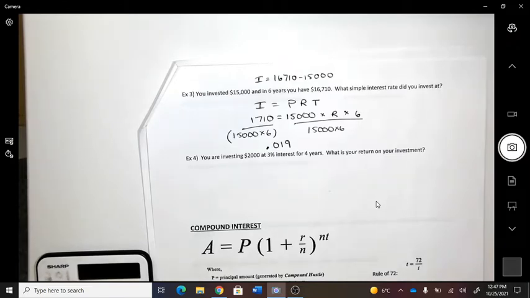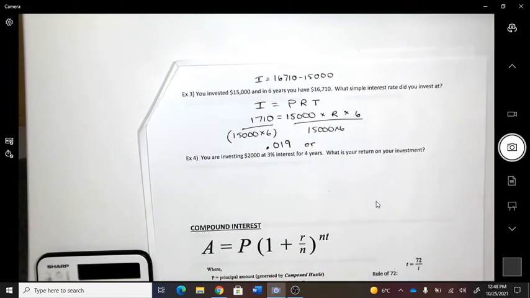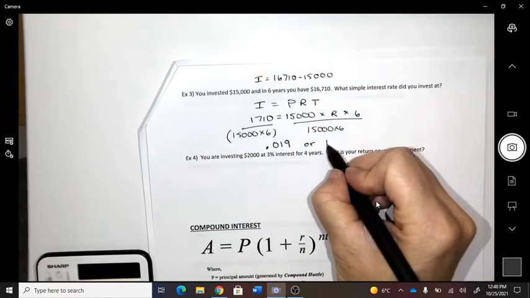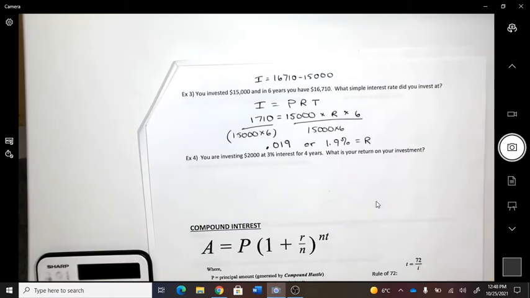Can you make sure you type that in properly? Or, how else could I write that? 1.9%. And I think I'm okay with an either-or answer.